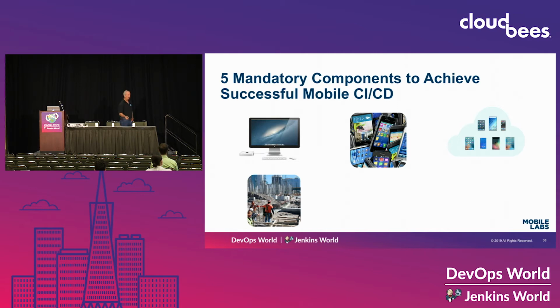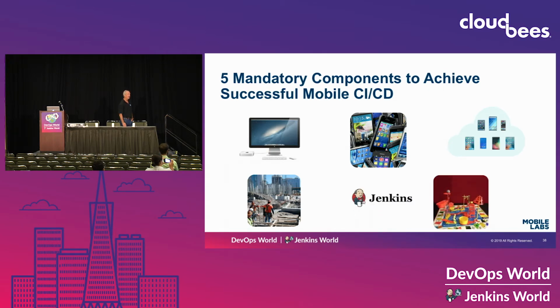And then obviously we're at DevOps, Jenkins World. You've got to have Jenkins, right? This is the one that really controls all this stuff. It allows you to control, build your app, deploy it up to the cloud, get it onto a device, kick off the tests, and manage all the results.